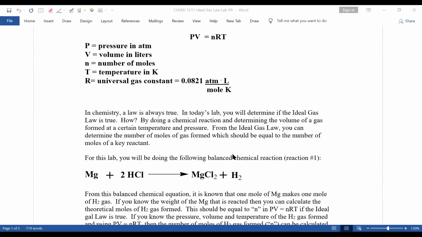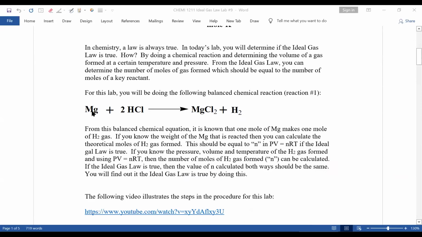How do you do that? Well, by doing a chemical reaction and determining the volume of the gas formed at a certain temperature and pressure. From the ideal gas law, you can calculate the number of moles, n, and based on that, you know from the gas collected how many moles you had. The reaction you'll be doing is this one.